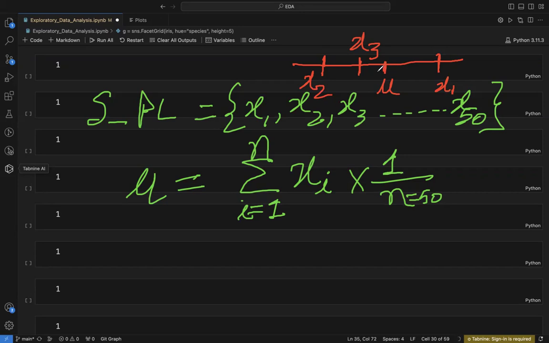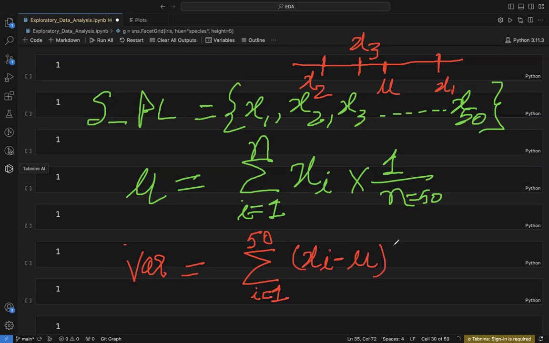Now, how is the variance defined? Variance, VAR, is equal to the summation across all points, that is i equals 1 till 50 here, 50 observations, of xi minus mu whole square, times 1 by n.